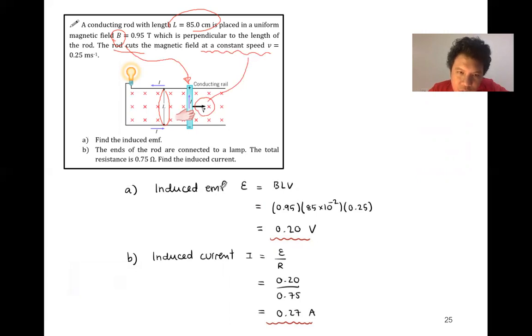So we can use that relation to calculate the induced EMF, and then bring this induced EMF to calculate the current when the resistance is given.